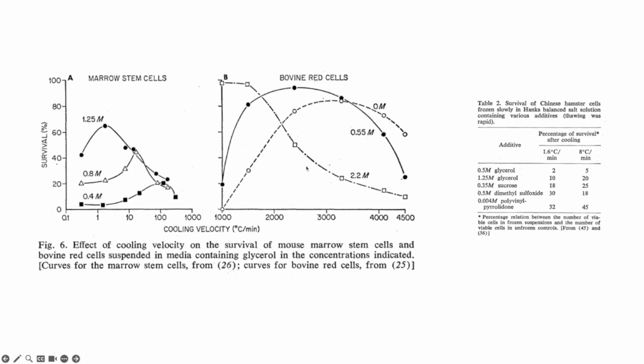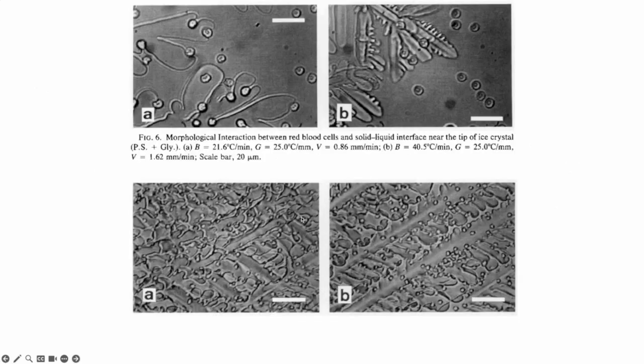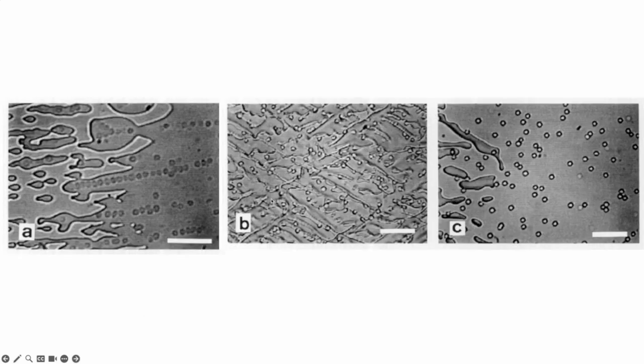And this is how freezing occurs in the presence of glycerol. You've seen earlier how freezing occurs without glycerol. You can see that the structure of the ice crystal is changed, but perhaps this is the most interesting observation. This is how red blood cells look after freezing without glycerol.